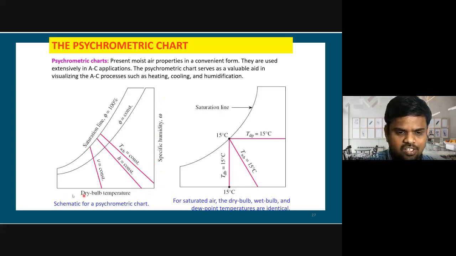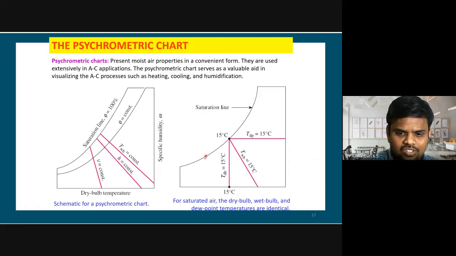Here various terms such as specific volume, enthalpy, saturation, relative humidity, 100% saturation, dew point temperature, wet bulb temperature, all the definitions have been discussed in the previous lectures.